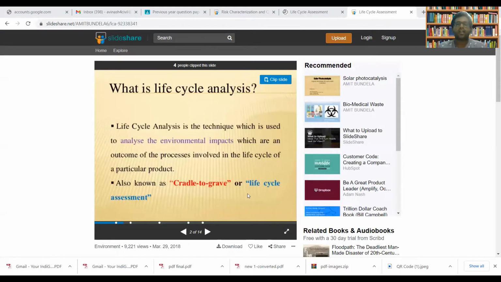So life cycle analysis is the technique used to analyze the environmental impacts. You have to analyze the environmental impacts, which are the outcome of the processes involved in the life cycle of a particular product.